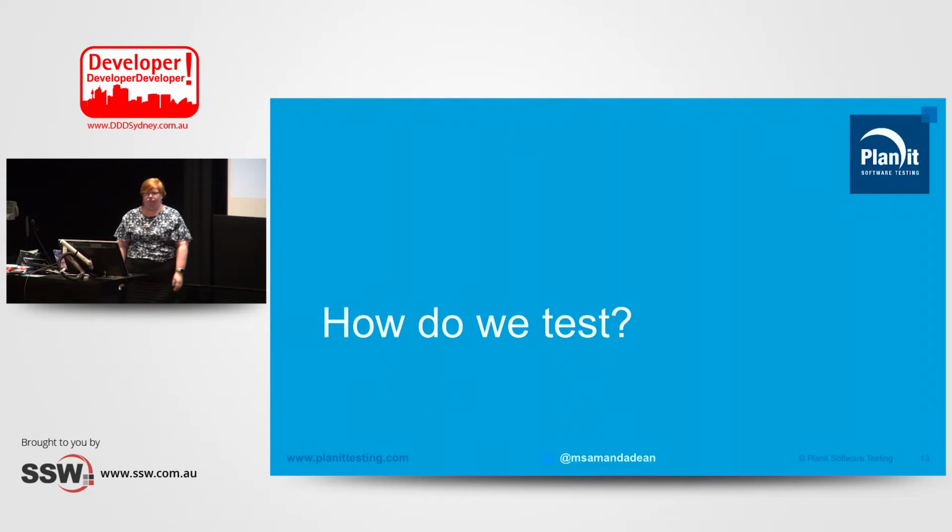Okay, how do we test? Personally, I take a pretty eclectic approach to testing. And for me, that looks like a couple of things. One, I am context-driven. So that means I look very much at the context of a particular project, of a piece of work, and work out what that means, and it means that I don't test the same thing the same way every time.